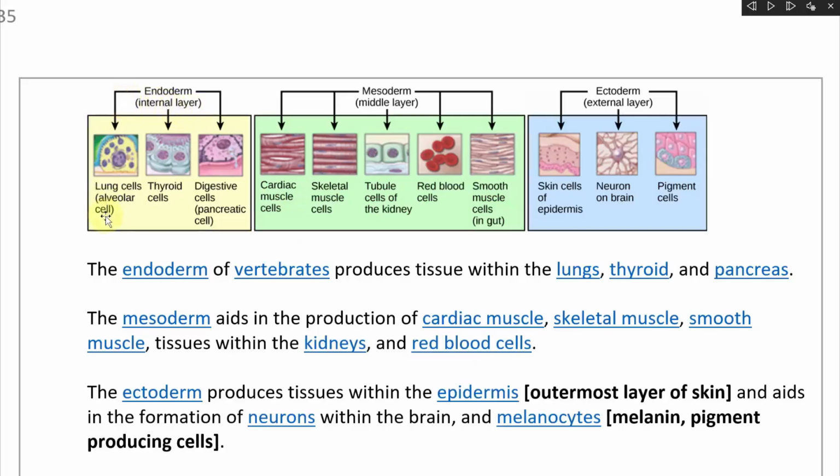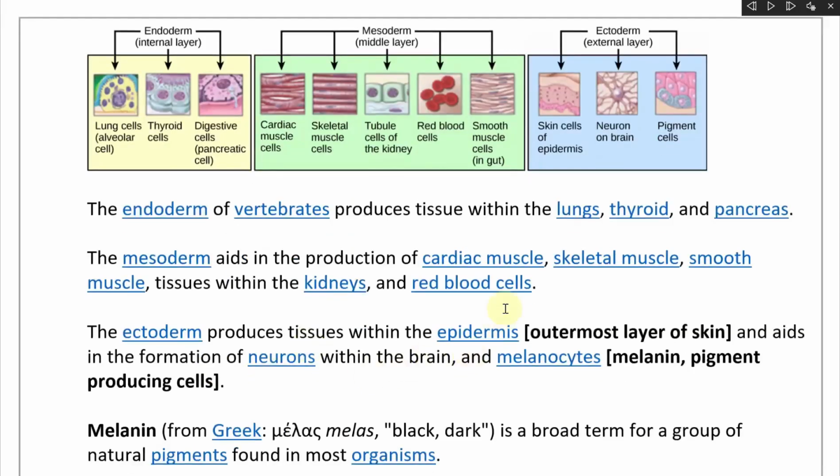So you've got the lungs, alveolar cells, so the alveoli, etc. Then the thyroid cells, and then there are digestive cells, pancreatic cells over there. Then the mesoderm, the middle layer, gets the cardiac muscle cells, skeletal muscle cells, tubule cells of the kidney, red blood cells, smooth muscle cells, which is in the gut, and ectoderm right here.